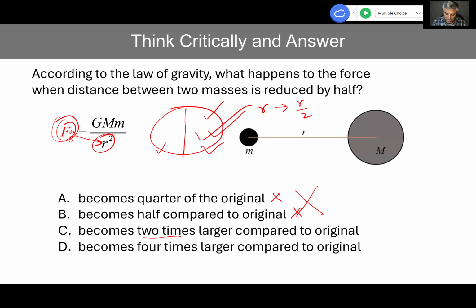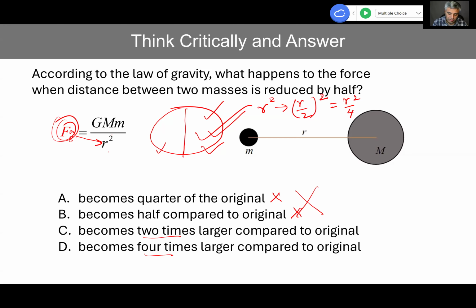Now between 2 times or 4 times: if this equation had just r, then r goes to r over 2, a fraction of a fraction, so this 2 goes on the top. It becomes 2 times larger. But since this is not just r, it is r squared, we have to look at r squared over 4.